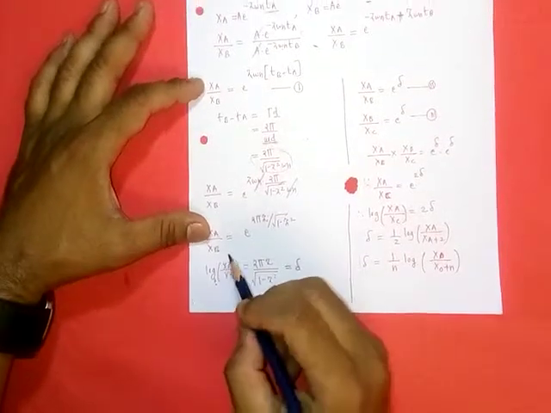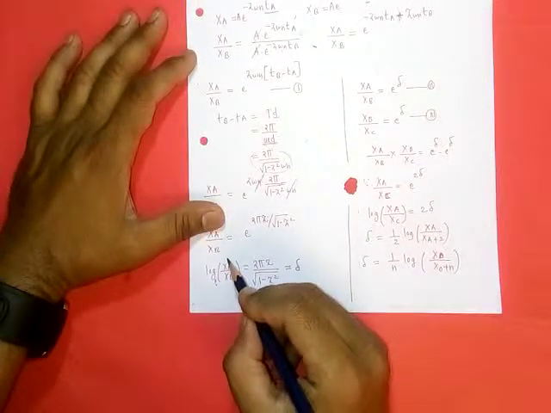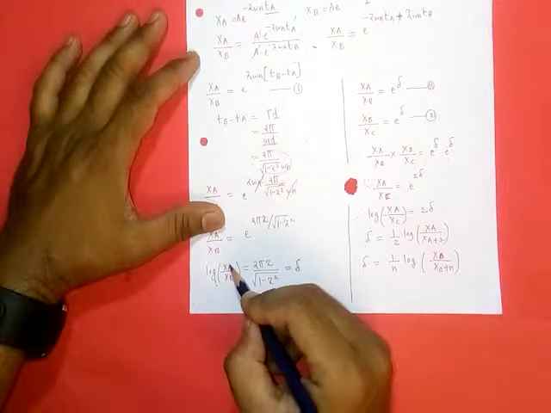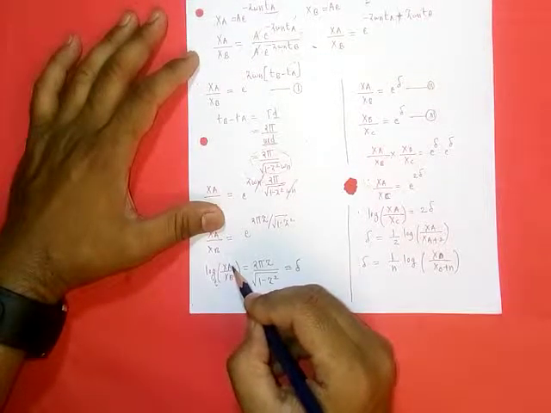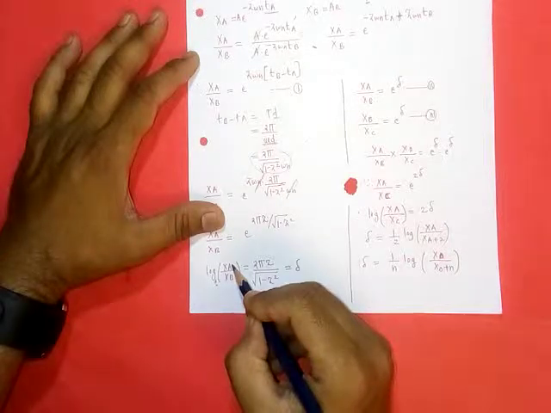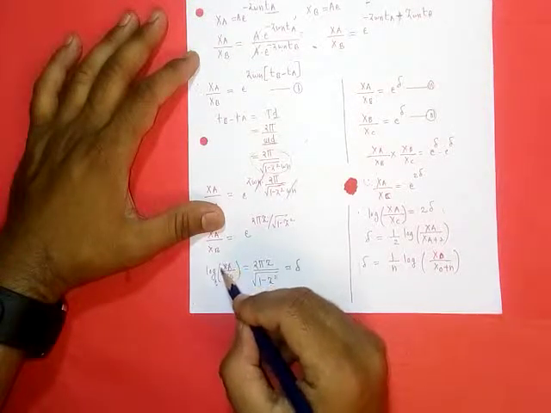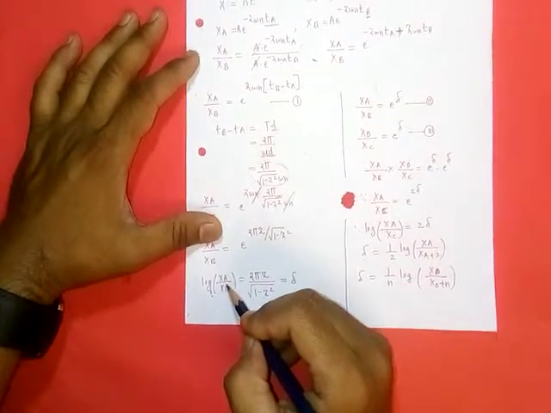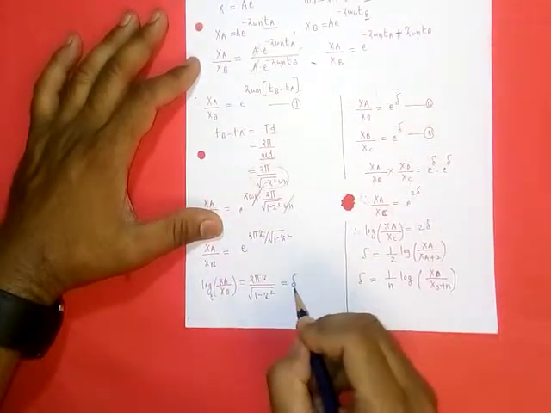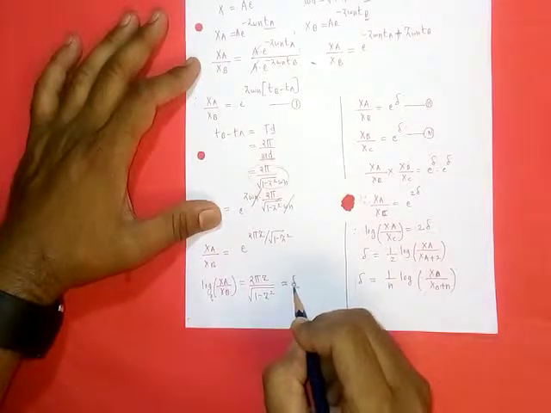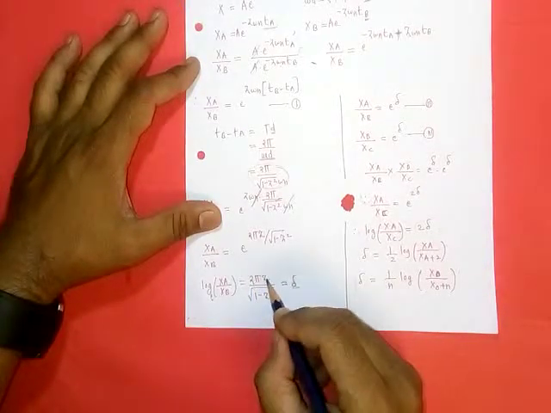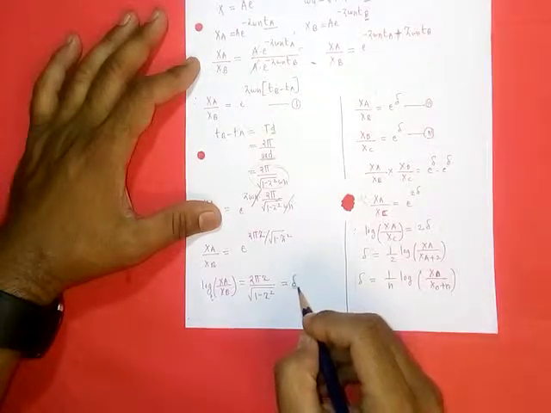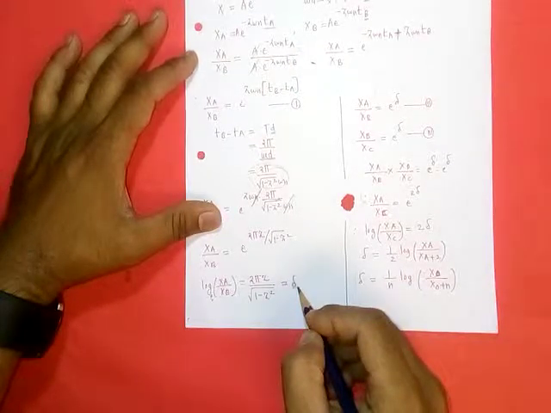Now if you look at this term, it is the ratio of two successive amplitudes on the same side, and we have taken the log of this ratio, and by definition it is equal to the logarithmic decrement. So this term 2 pi zeta upon root 1 minus zeta square is equal to the logarithmic decrement.